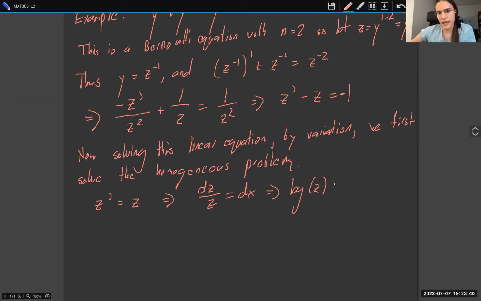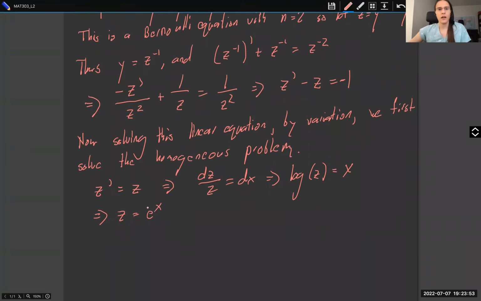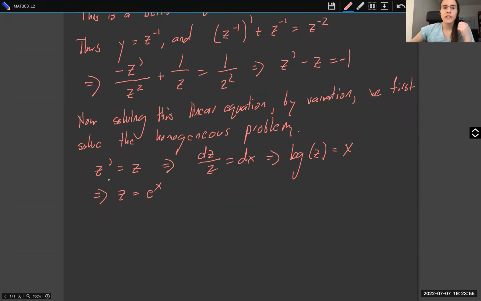So log z is equal to x. And so z is equal to e to the x. So that is a particular solution of the homogeneous problem. Now, the ansatz that y is equal to what?